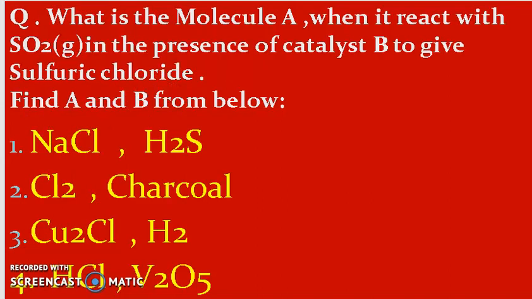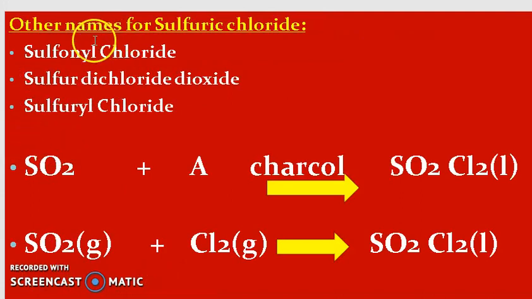What is that sulfuric chloride? Is it H2SO4? No. Sulfuric chloride has other names also. Sulfuric chloride means sulfonyl chloride, sulfur dichloride dioxide and sulfuryl chloride. These are the other names for sulfuric chloride.